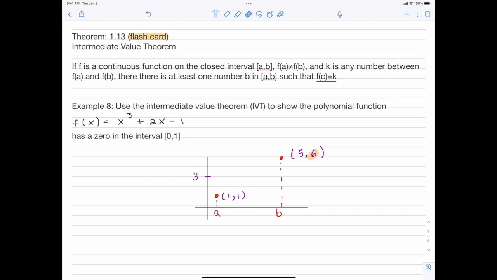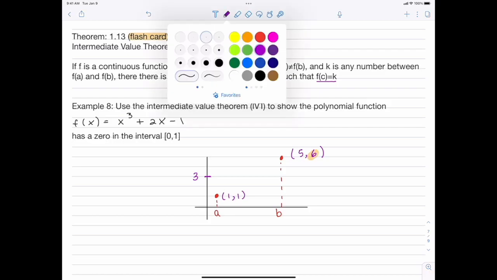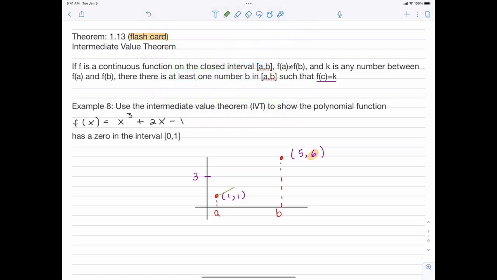And that kind of makes sense if you think about it. Maybe the graph is just a line, so there's only one point, some c value right here where f of c equals 3, and there's only one value. On the other hand, like we saw before, there could be multiple values.